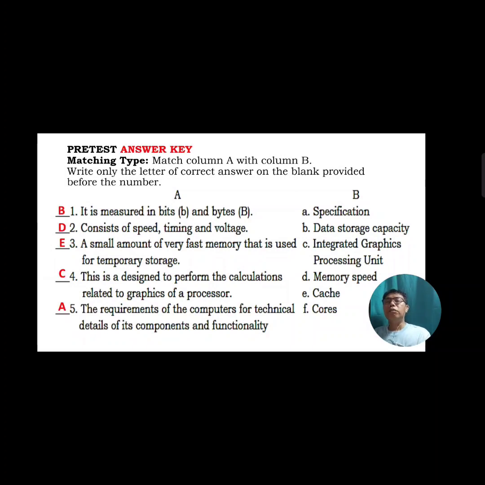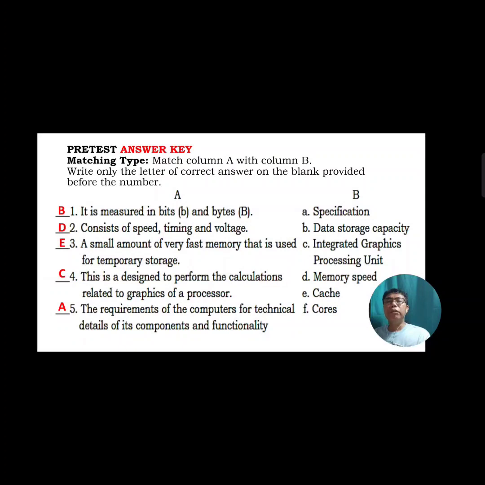Okay, for the answer of the matching type, item number 1 is letter B, item number 2 is letter D, item number 3 is letter E, item number 4 is letter C, and item number 5 is letter A. For item number 1, letter B, that is data storage capacity.